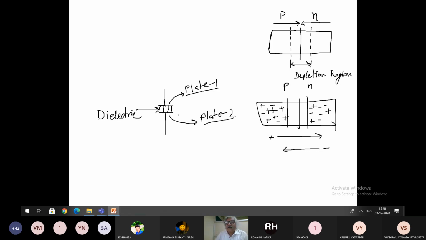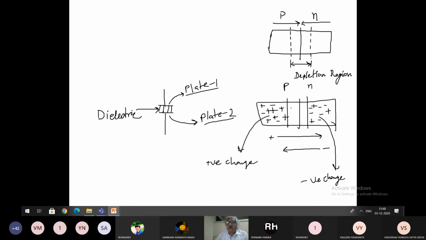Now you see this PN junction diode. On the P side you have positive charge carriers. On the N side you will find negative charge.